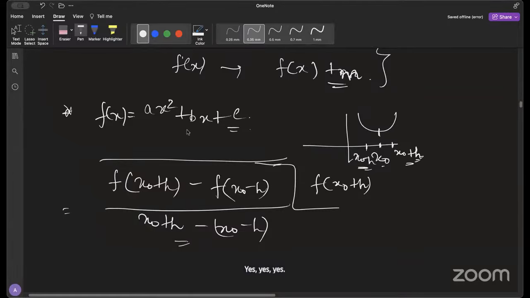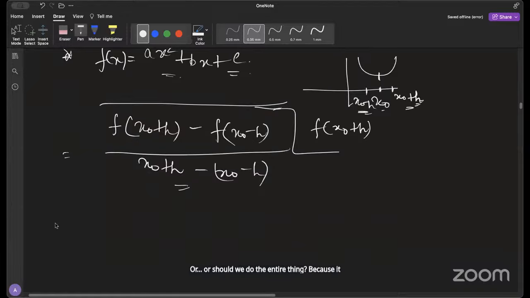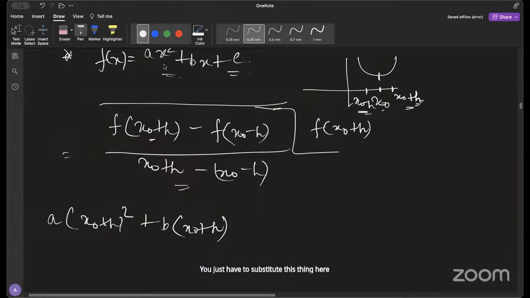Instead of doing this whole thing, let's just start with x square first. Or should we do the entire thing because it's a long thing? We have x naught plus h whole square plus b times x naught plus h. We just have to substitute this in place of x.